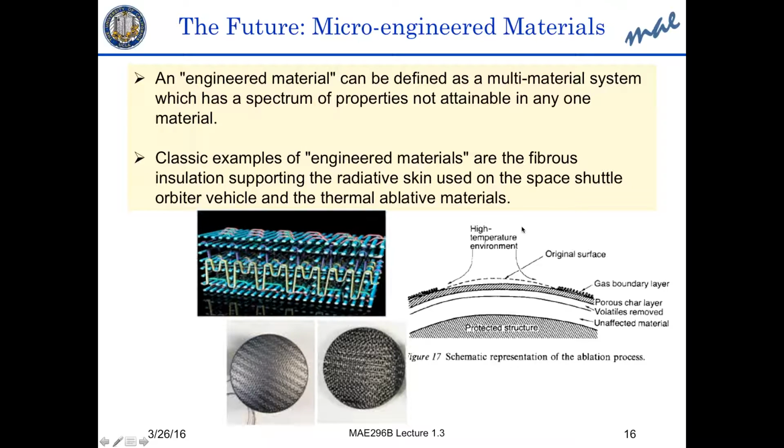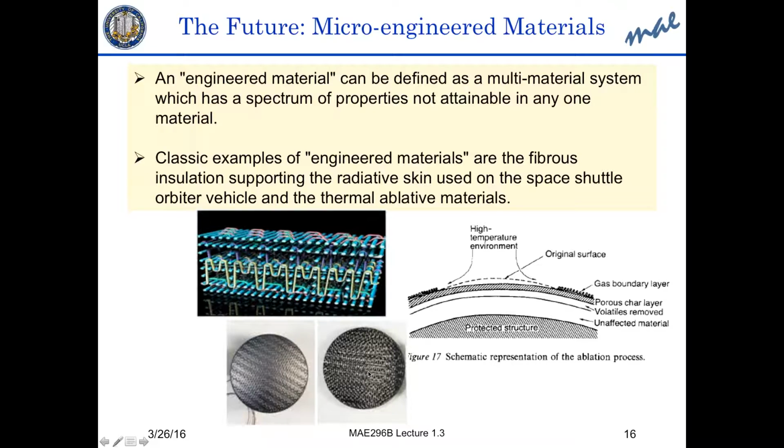Ablation is the response of a material to be removed by breaking the bonds and actually leaving the surface. So you have a sacrificial layer. The way it works is that you have a three-dimensional weaving and impregnation.